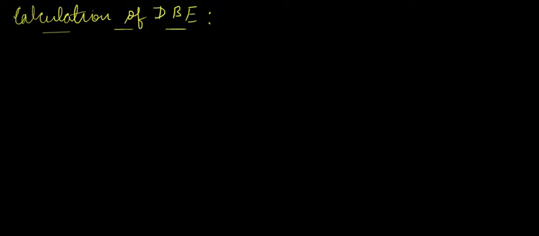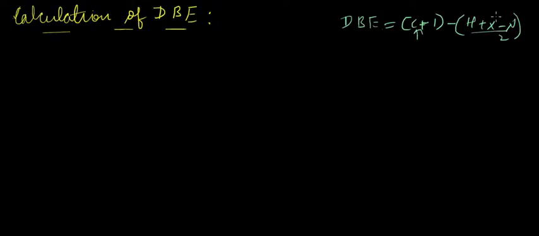So just in case you have forgotten that, the formula is DBE equals C plus 1 minus (H plus X minus N) by 2, where C is the number of carbon atoms, H is the number of hydrogen atoms, X is the number of halogen atoms, and N is the number of nitrogen atoms.